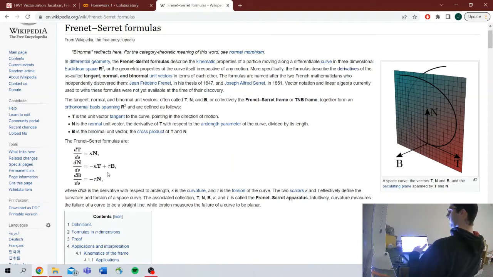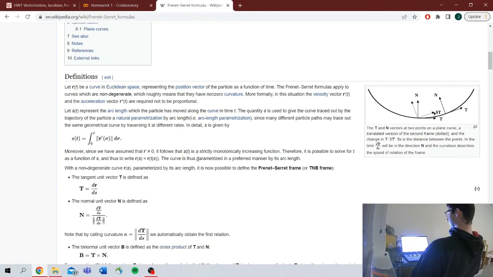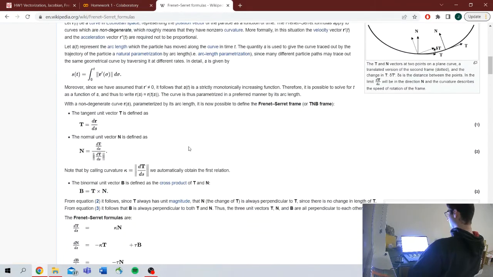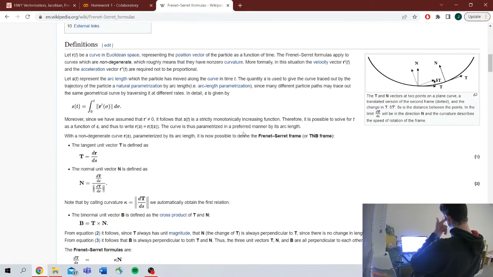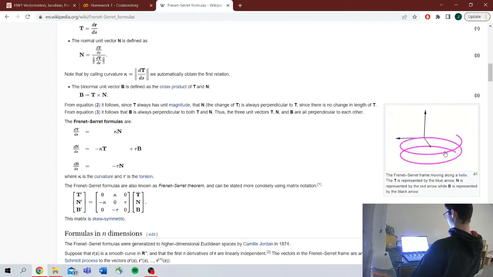And the torsion shows how non-planar it is as it rises or falls as the curve goes. So now what we're going to do is actually calculate these three vectors, and you can see as it's moving along the curve, you can see how the vectors are changing.